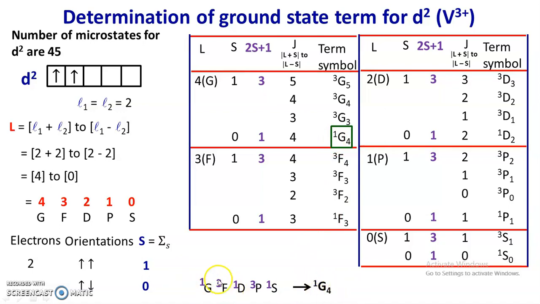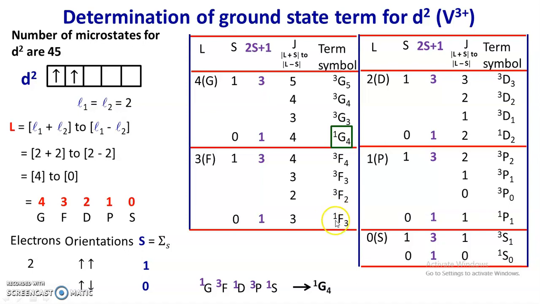Now consider F. For the F term, triplet is allowed. So there are three ³F term symbols here, with J values 4, 3, 2. All these three are allowed, but ¹F₃ is not allowed because it has a multiplicity of singlet.